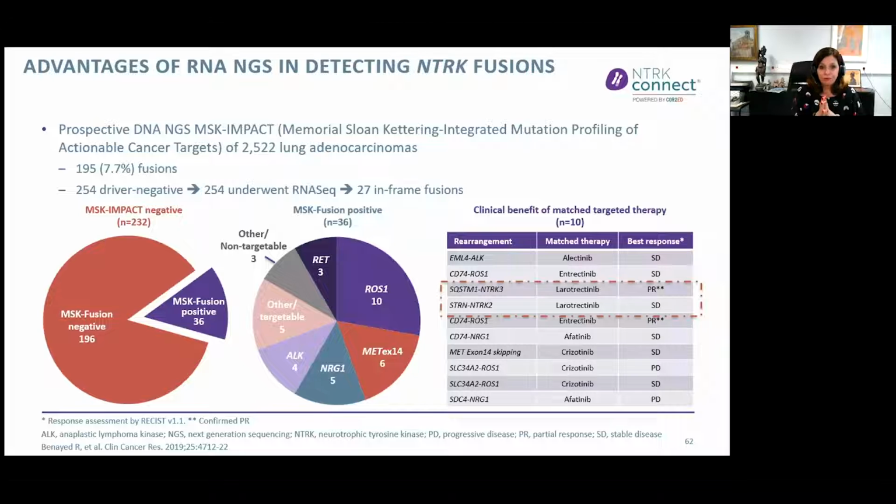And in the 254 driver-negative cases, they did RNA-seq. And in those patients, they found an extra 25 in-frame fusions, including 2 cases with NTRK fusions.